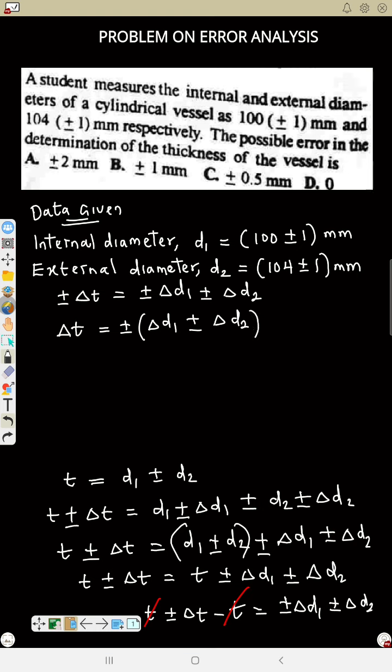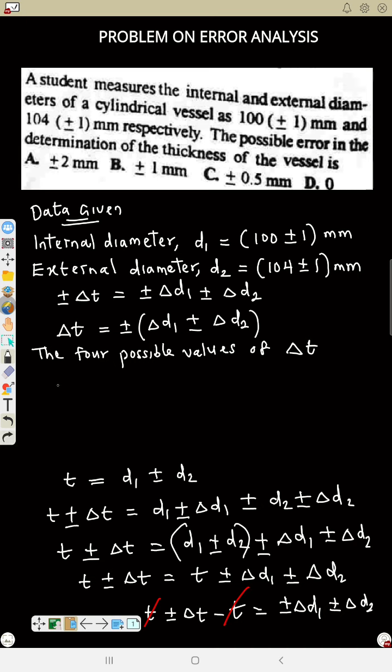Now from here we can have four possible values of absolute error in the measurement of the thickness.